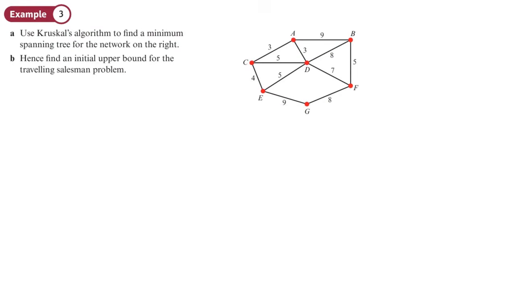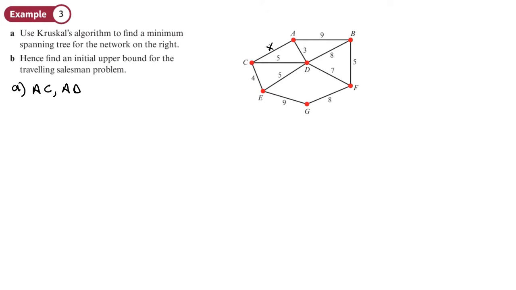Right, so on this question it says use Kruskal's algorithm to find a minimum spanning tree for the network on the right. Okay, so Kruskal's algorithm says the first thing we need to do is to list the edges in order of weight in ascending order. So AC and AD are both weight 3, so that goes first. So maybe I'll just cross these off as I do them.